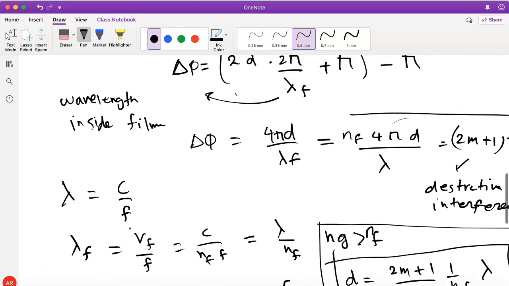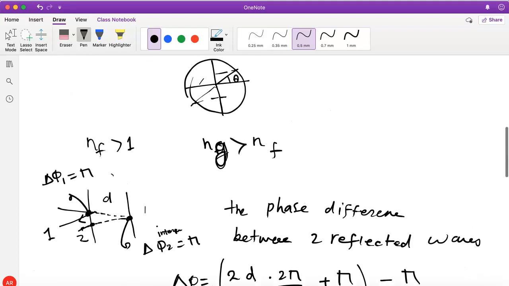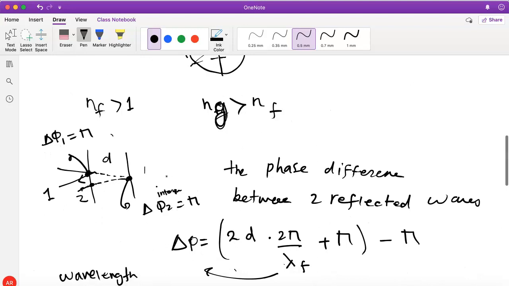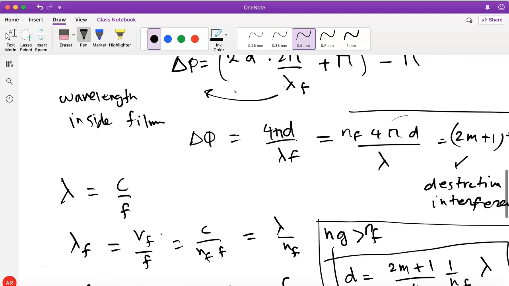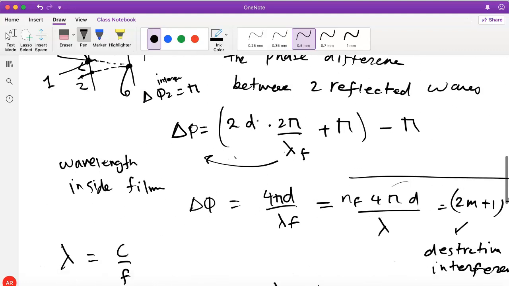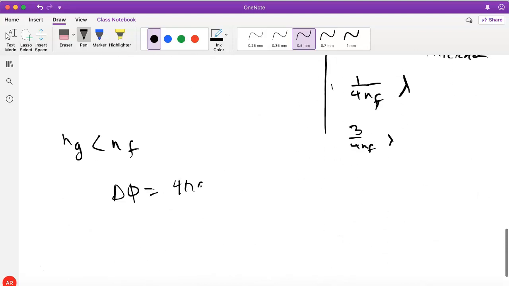Now we can look at our phase shift. So we don't have this secondary pi, right? So then delta phi would be exactly the same thing, like 4 pi d over lambda f minus pi.